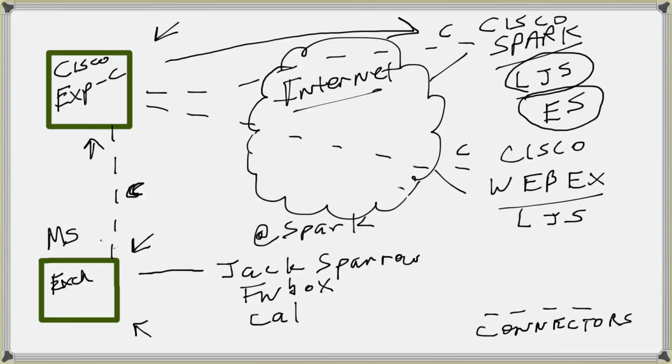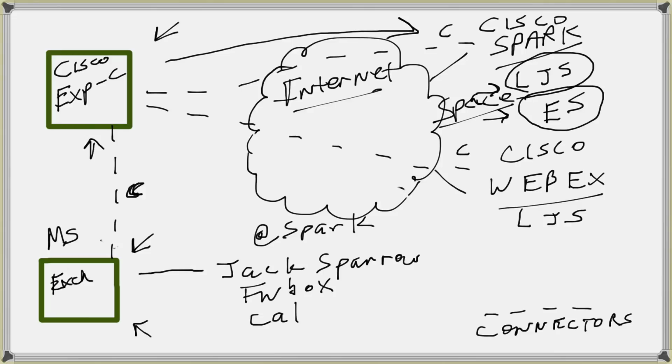So what it's going to do is then create a space, room, whatever you want to call it these days, we'll call it a space, a new space inside of their Spark client. And that's what we saw. And then we're going to put that little dialog box that there was a meeting created.